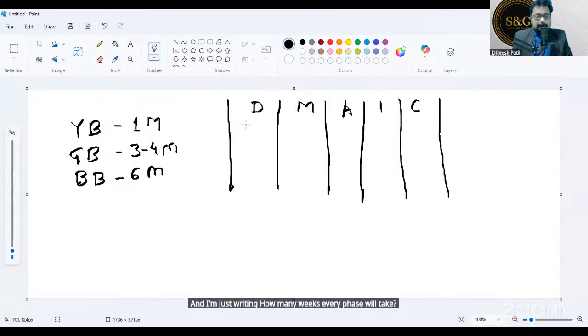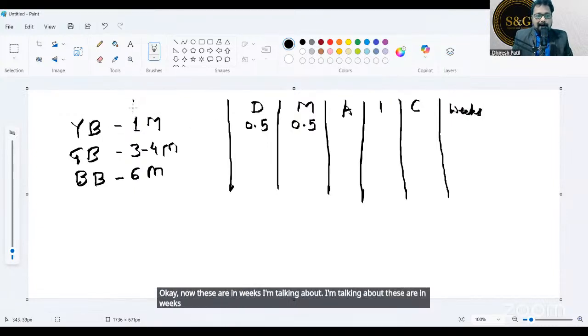So for yellow belt, the define and measure phase will take 0.5 weeks. Now these are in weeks I'm talking about, and earlier I spoke about months. My understanding is 1 month equals 4 weeks. Just make it very simple.